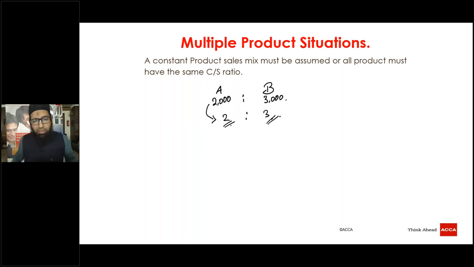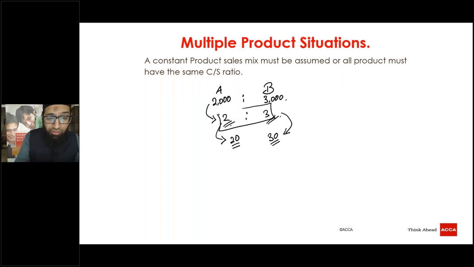Now this mix will be constant throughout the life of the product. Whenever I sell 20 units of A, that means I am also selling 30 units of B. We assume that whenever a customer comes for 2 units of A, he will also buy 3 units of B as well.